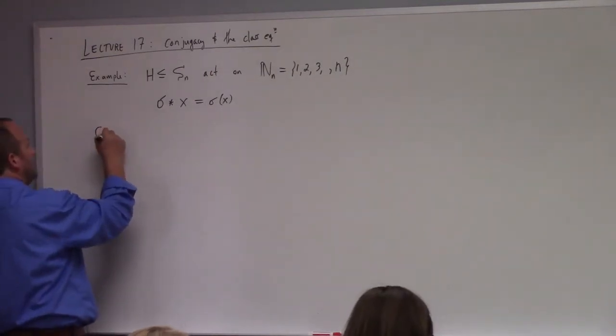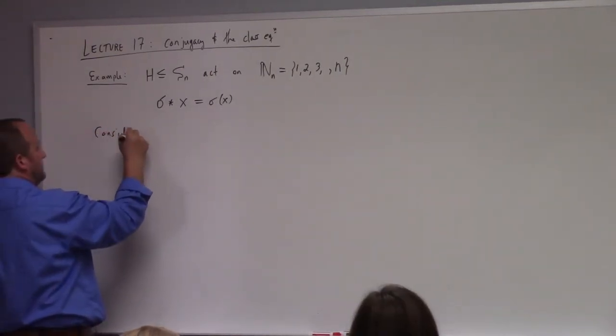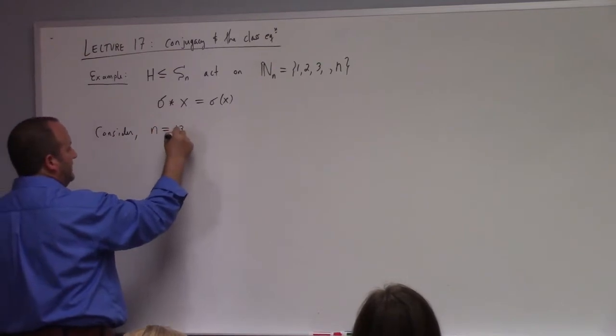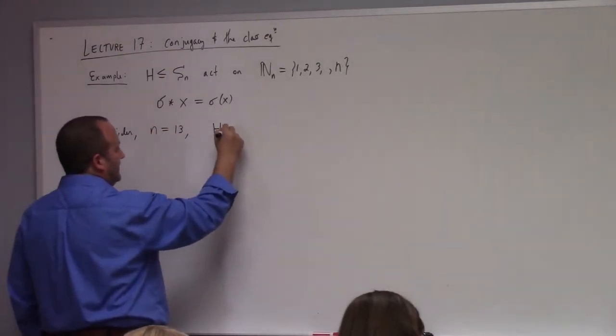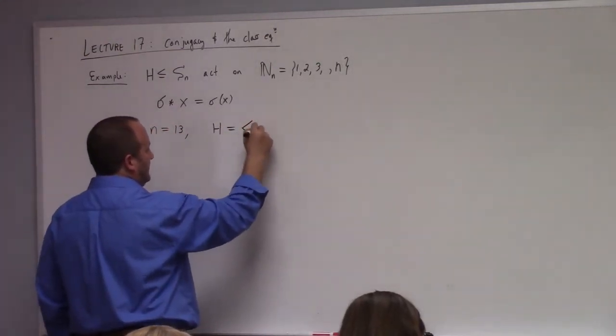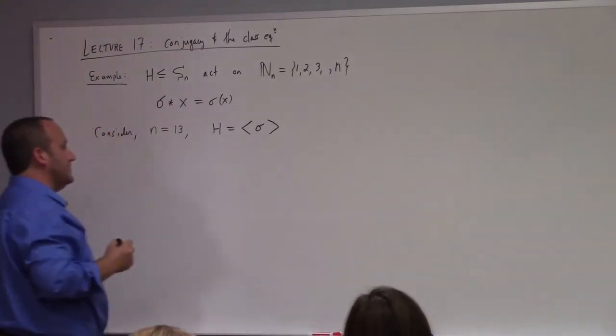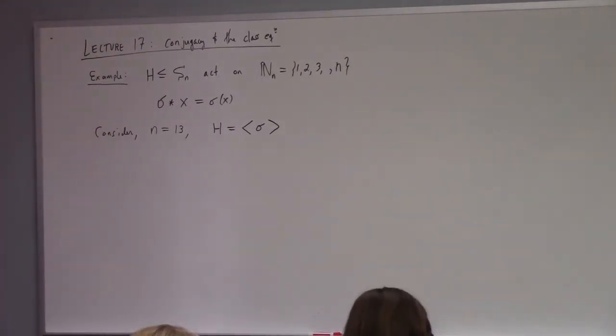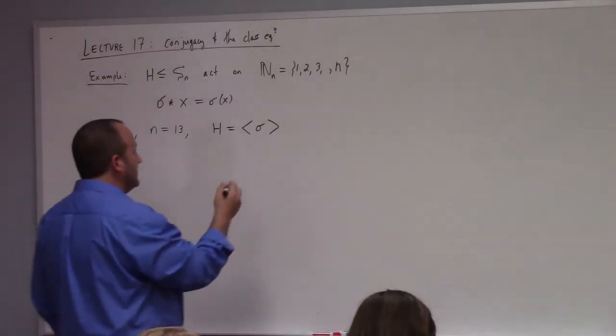All right, so let's narrow the focus. Let's consider, how about n equals 13, and let H be the subgroup generated by sigma, and I need a particular cycle that's at least a little bit interesting. How about this?